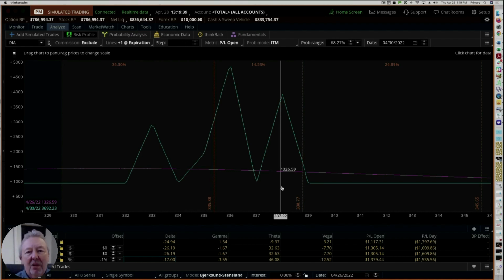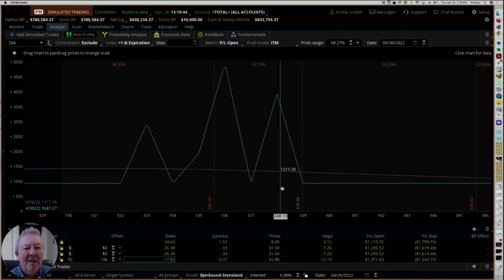I don't want to say that this is the greatest thing since sliced bread, but this is a strategy that I haven't seen in the 40 years I've been trading that's been viable, until now, because of the low commissions and the fantastic ability to put these trades on in a way that you basically let the market come to you.